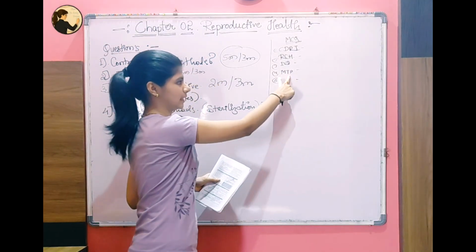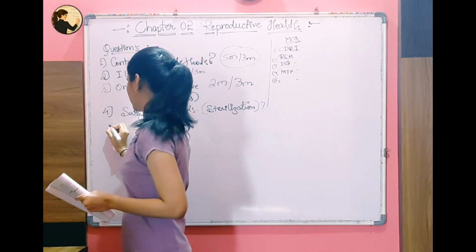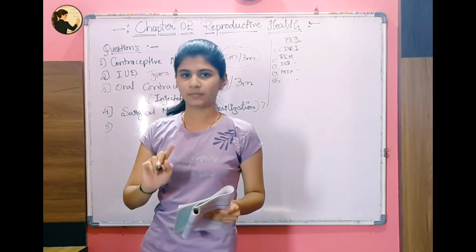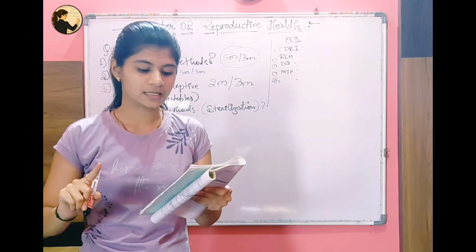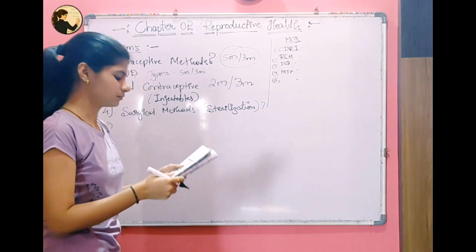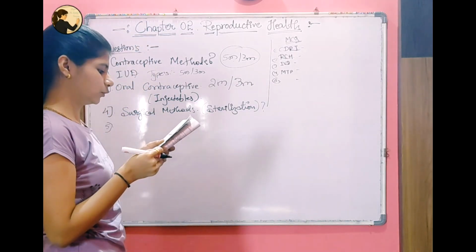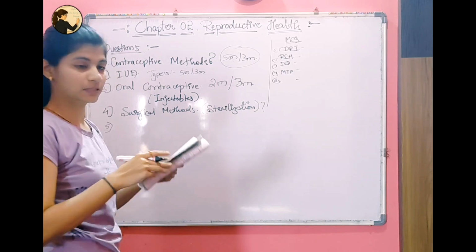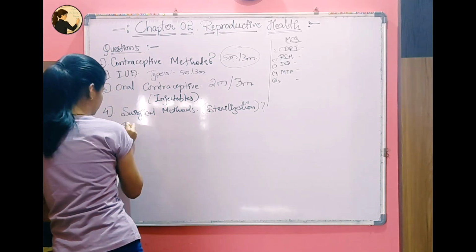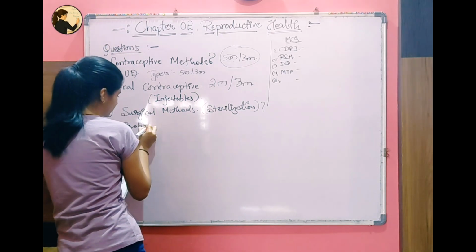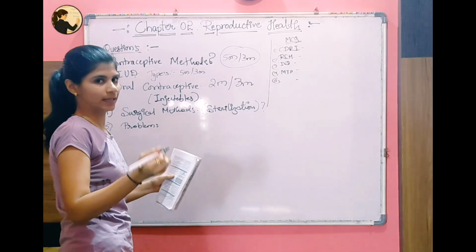Next, MTP. The question you will get on MTP, that is medical termination of pregnancy. In this you get questions like problems related to MTP. This will be a somewhat direct question.